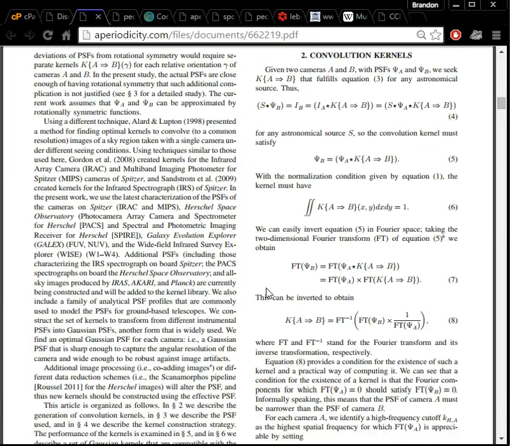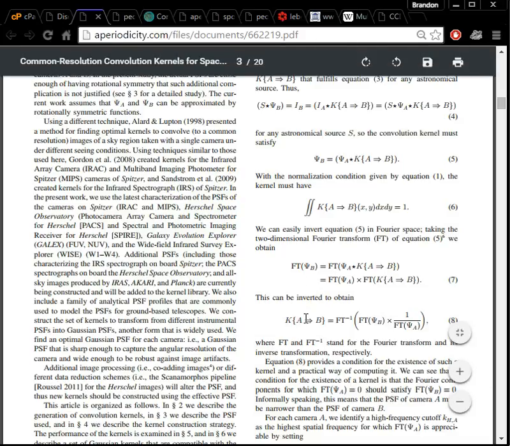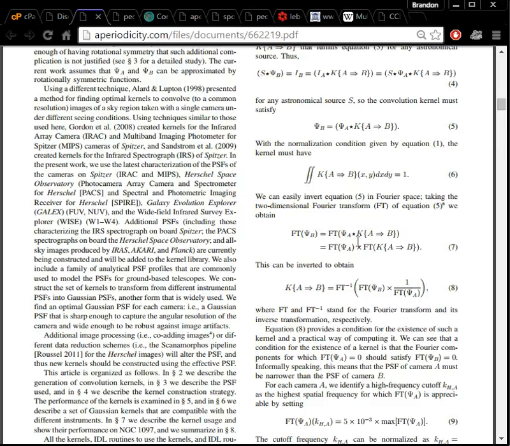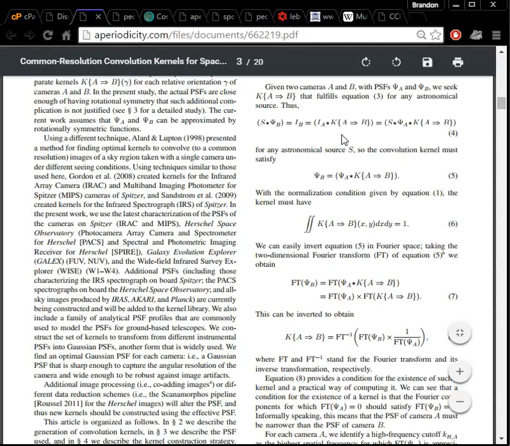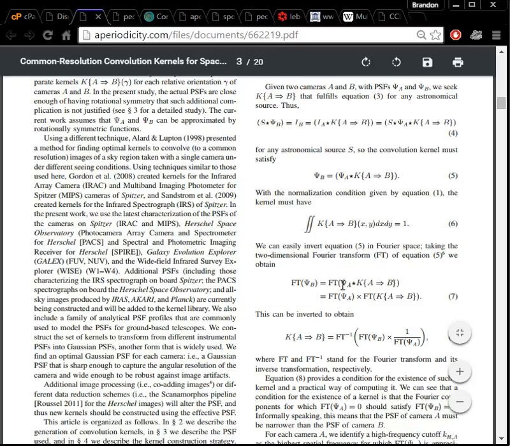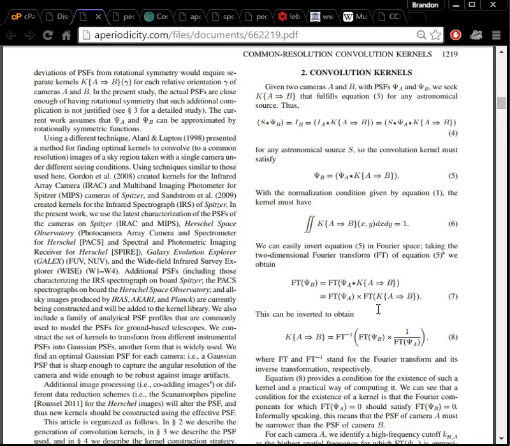And there are interesting properties that arise in the Fourier transform. So this basically says that the Fourier transform of the point spread function of B is equal to the Fourier transform of the convolution of the point spread function of image A with the kernel from A to B. So if we have a convolution kernel from A to B, which we can solve for if we know the point spread functions from this algorithm or an even more efficient one, we can take the Fourier transform of an image with that kernel after we've solved for the kernel, and the Fourier transform of the convolution is equal to the product of the Fourier transforms.